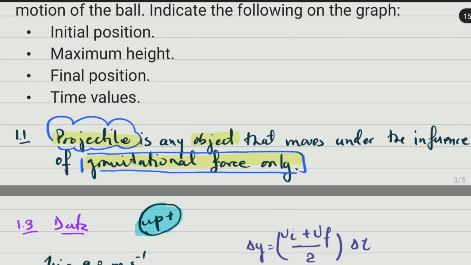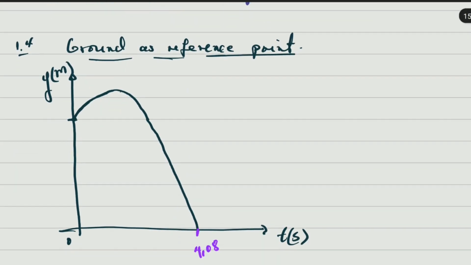So let's add that one as well. Now in this graph, the maximum height will be right there. This will represent the maximum height, and this is the time it takes to reach it, which was 0,2 seconds. So this is what we know for now.